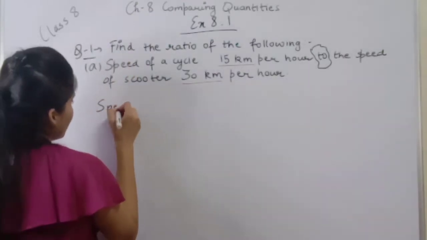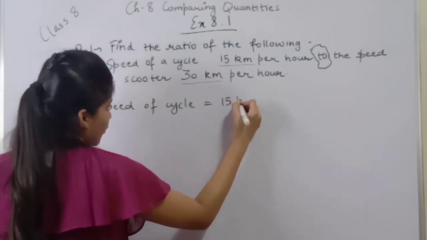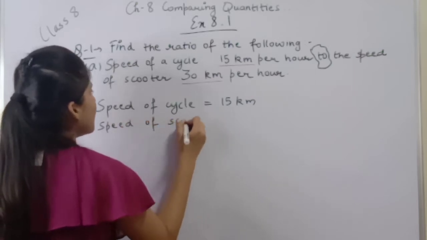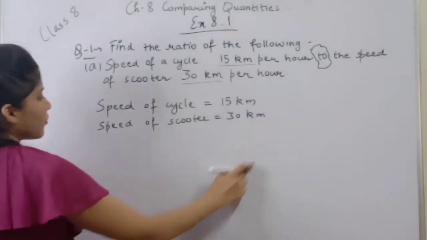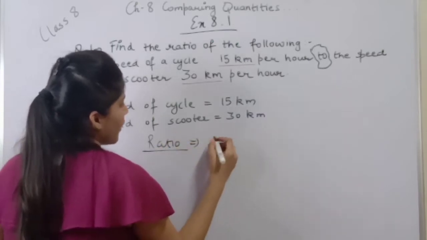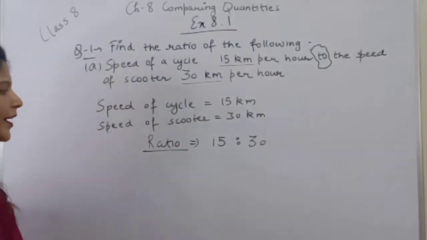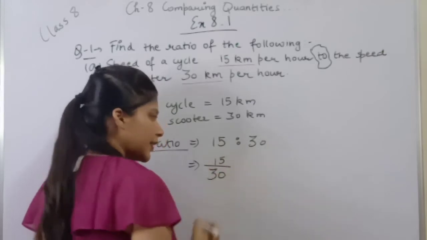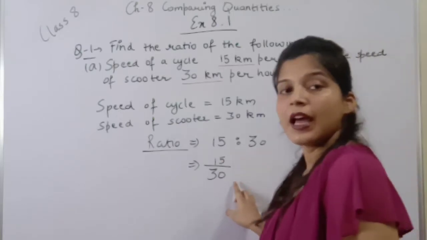Speed of cycle equals to 15 km and speed of scooter equals to 30 km. So ratio equals to 15 is to 30. Also we can write this as 15 upon 30 because ratio means upon. 15 is to 30 means 15 upon 30.